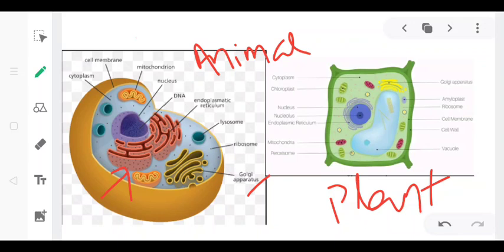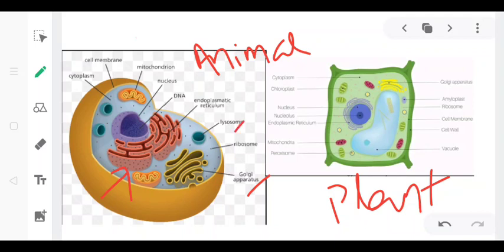The material synthesized near the endoplasmic reticulum is packaged and dispatched to various targets inside and outside the cell through the Golgi apparatus. Its functions include the storage, modification and packaging of products in vesicles. Clear?